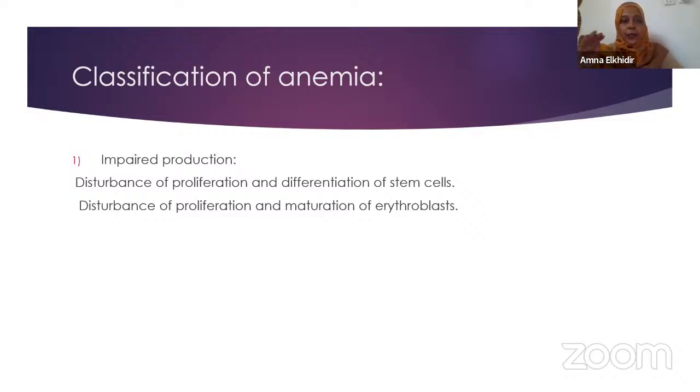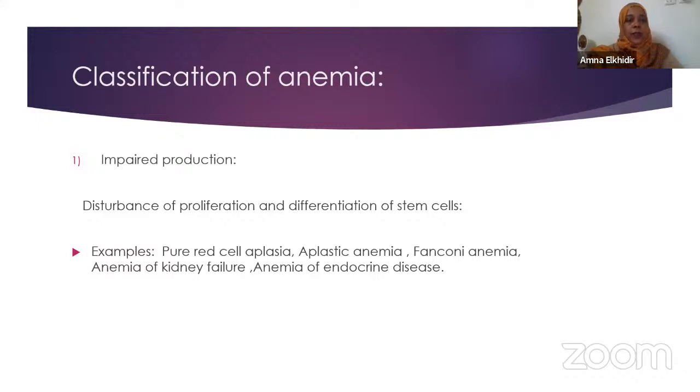It is subdivided into 2 categories: disturbance of proliferation and differentiation of stem cells, and disturbance of proliferation and maturation of erythroblast. Examples of anemia from disturbed differentiation of stem cells are pure red cell aplasia, aplastic anemia, Fanconi anemia, and anemia of kidney failure.